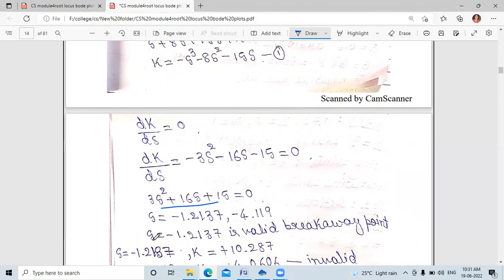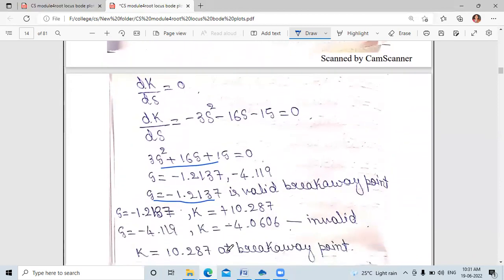When you substitute the value s equals minus 1.2137 in this equation, if the K value you get is positive, then it is a valid breakaway point.